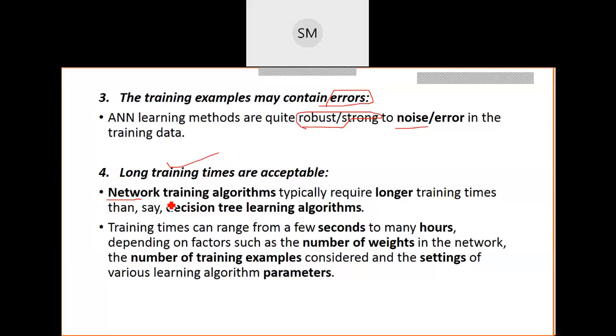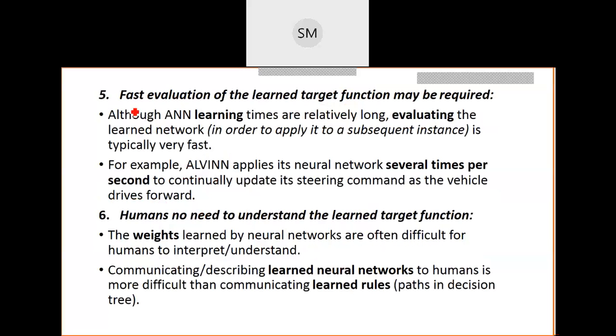Then the problems which take a small amount of time for evaluation. Fast evaluation of the learned target function will be required. You have already determined the target function, and to find it you have already taken a lot of time to get trained.